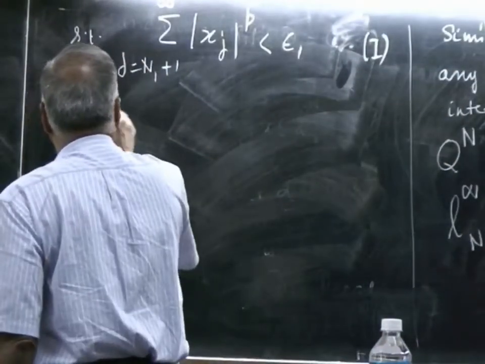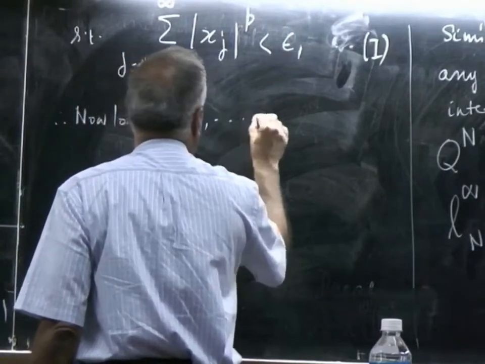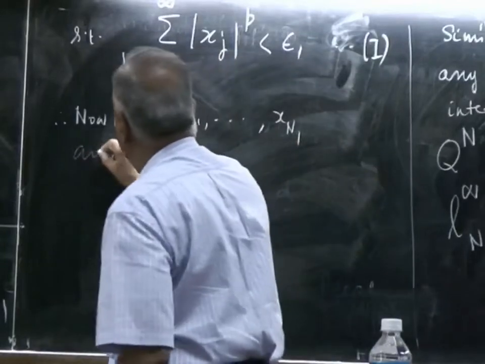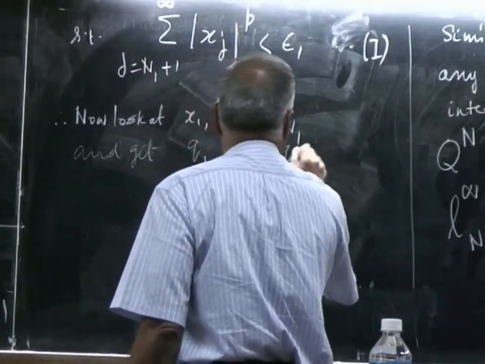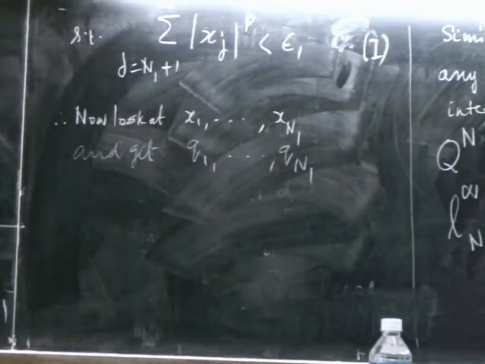Therefore, now look at x1, x2, ..., xn1 and get q1, q2, ..., qn1. Now you are back to this problem.